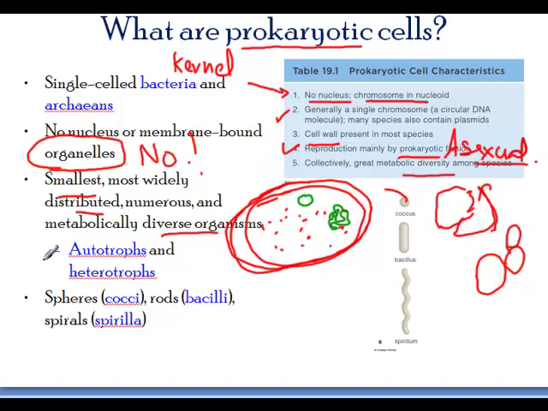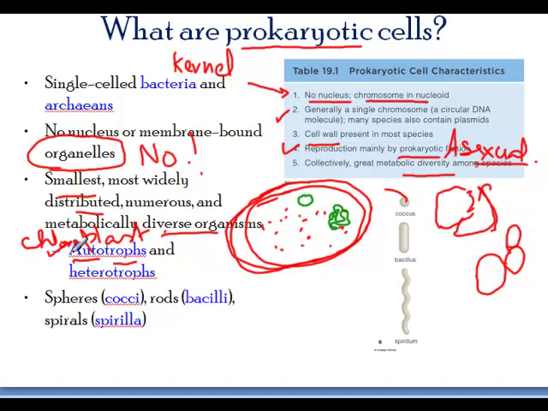These cells can be autotrophs. Auto means self, so they produce their own food. So these would be cells that have chlorophyll in them. We're not really talking about plants yet, but the chlorophyll, which is a pigment, helps the cell to make its own glucose.